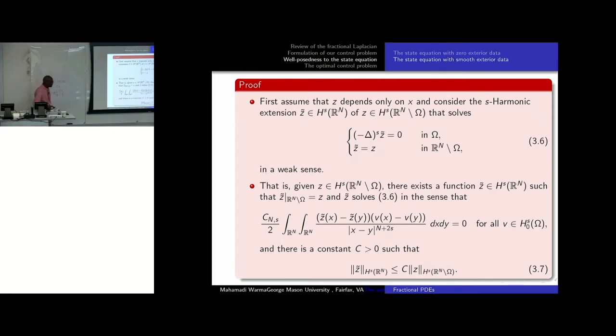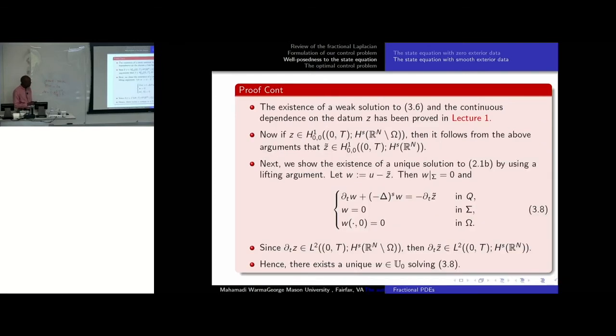We define the solution by extending to R^n and saying that the restriction on the complement is Z, and Z tilde is a weak solution of this equation in the sense that this double integral is 0 for any v in H^s_0. That is exactly what we showed yesterday. So the existence of a weak solution of this equation was proved yesterday.